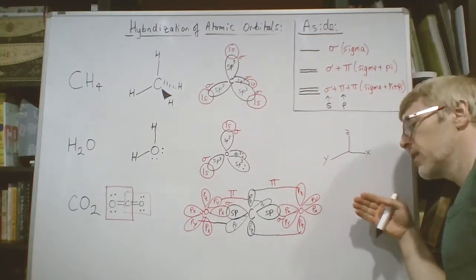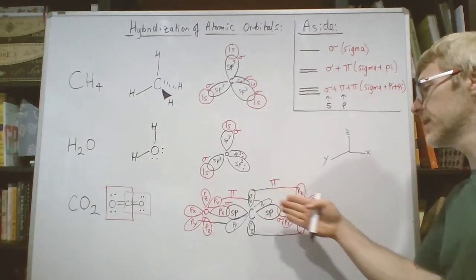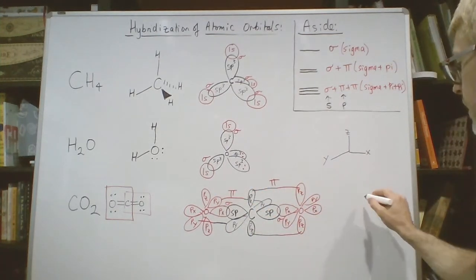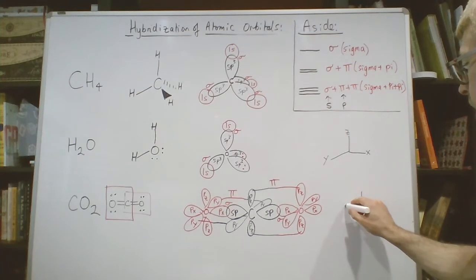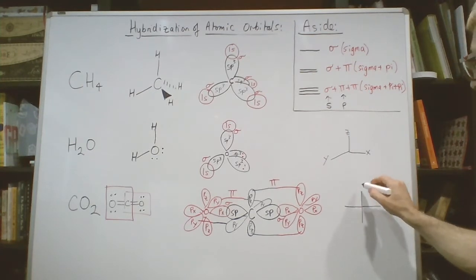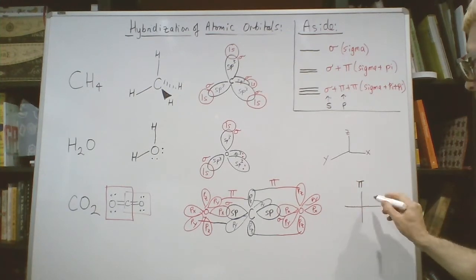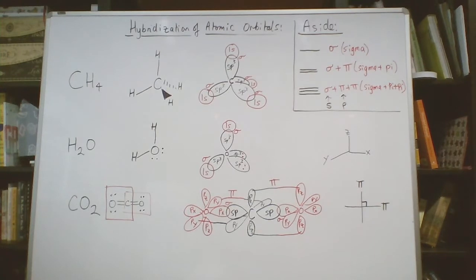If I were to look right down the plane of this, right down the bond axis of this structure, it would look like a plus motif where one of the pi bonds is at 90 degrees to the other pi bond. So they're orthogonal, or perpendicular, to each other.